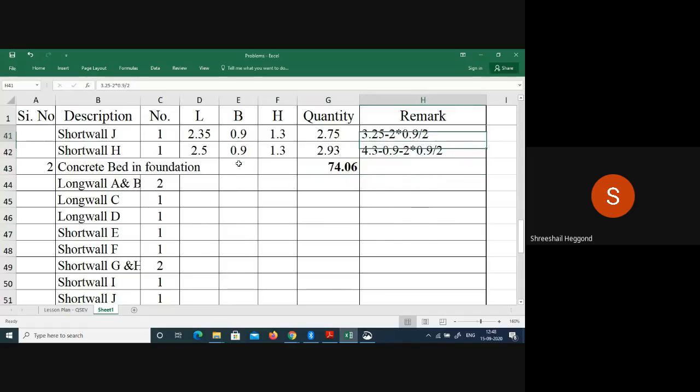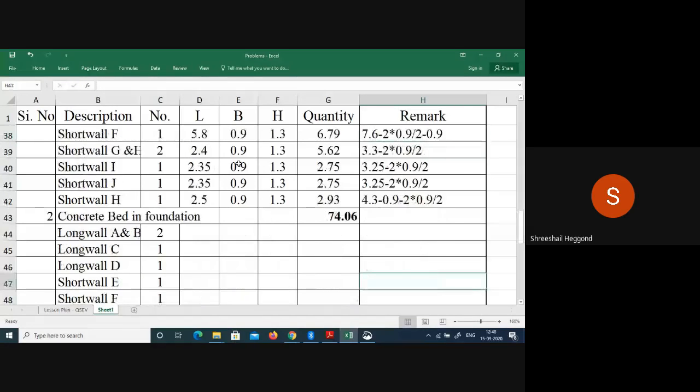Center to center length is 11.9 minus 2 into concrete bed length will be the same, that is 0.9 divided by 2.